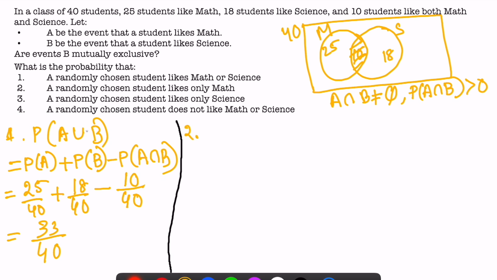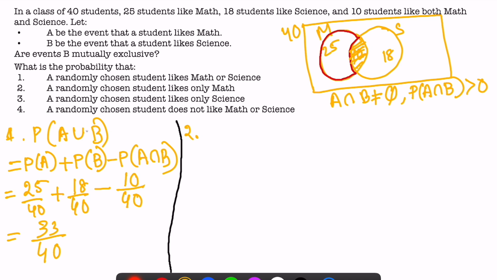Next, see the probability of a student likes only math. Only likes math means we have to calculate the probability of this part, right? Because we are not considering this intersection part, we just have to calculate the students that like only maths.